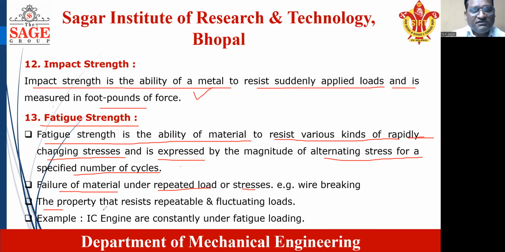Fatigue is also the property that resists repeatable and fluctuating loads. For example, engines are constantly under fatigue loading. This property is important during the designing of all machine components because all components experience fluctuating and repeatable loads during application.